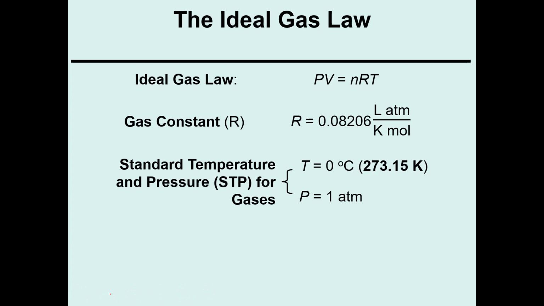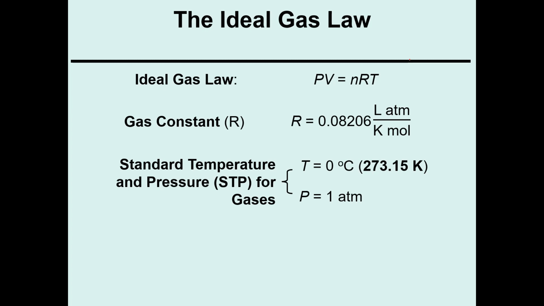We can also define the standard temperature and pressure for gases. Standard temperature is defined as 0 degrees Celsius or 273 Kelvin. We say 273.15, but most of the time we just round off to 273. Standard pressure is defined as 1 atm.